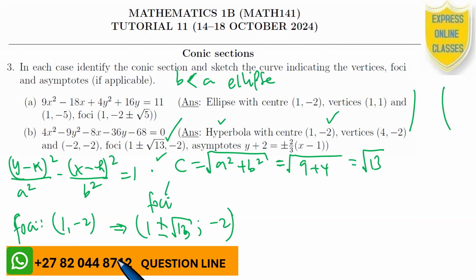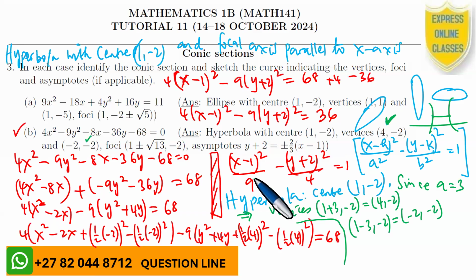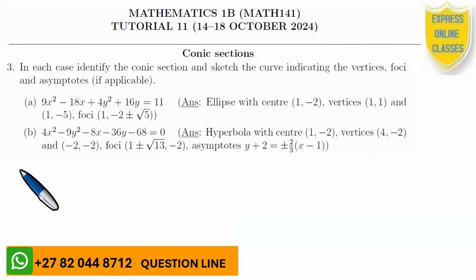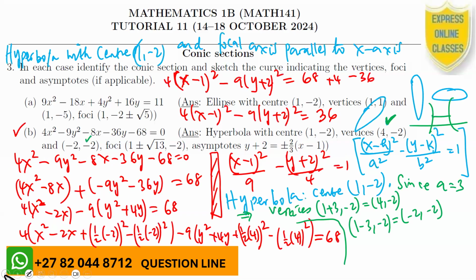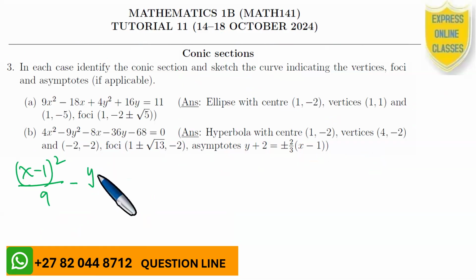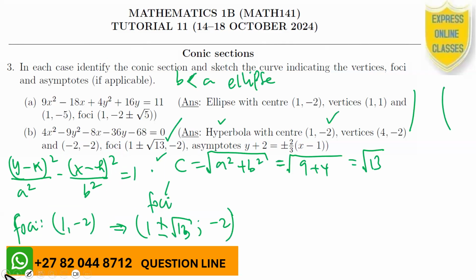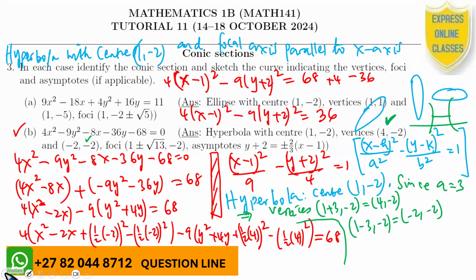To get the asymptotes, in this case x is the positive one. I just say x is the positive one because it comes first. So I started with y as the negative. So you'd have x minus 1 squared over 9, minus y plus 2 squared over 4.